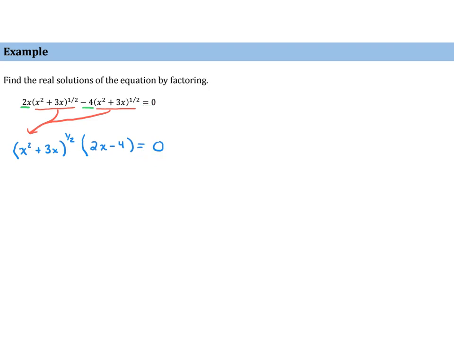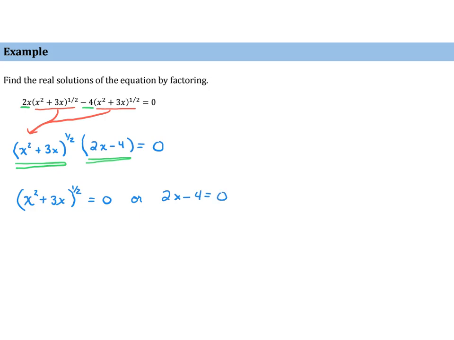So now we have x squared plus 3x to the 1/2 and 2x minus 4 have a product of 0. That's only possible if at least one of those is 0. So x squared plus 3x to the 1/2 equals 0, or 2x minus 4 equals 0.